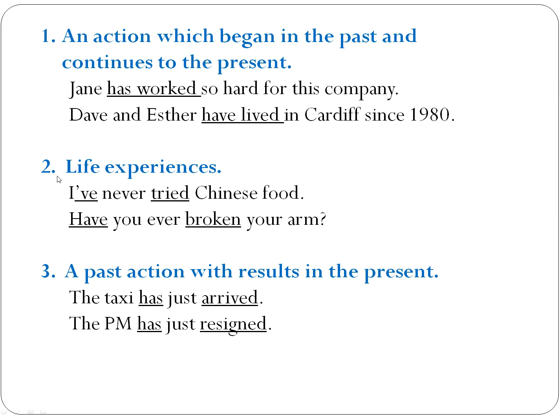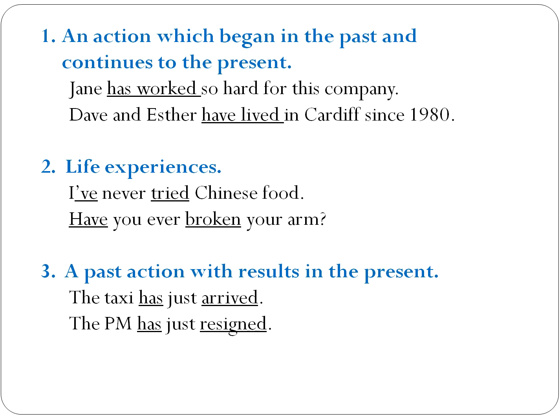Okay, so the second point, we use the present perfect to refer to life experiences. So general experiences about life. So we've got the example, I've never tried Chinese food. So you have never, meaning not at any point in the past in my life up to the present. So you see here again connecting the past and the present.